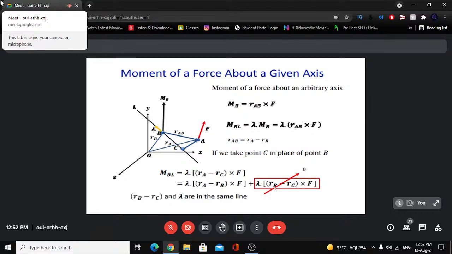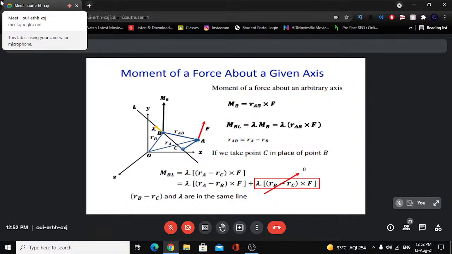So the dot product of the collinear lines will be here. This will be 0. Will it be?